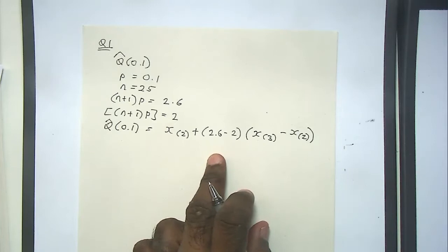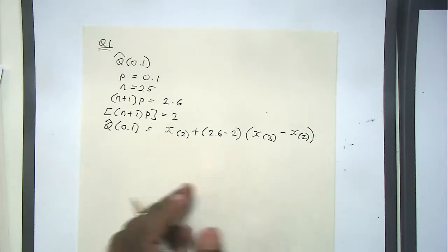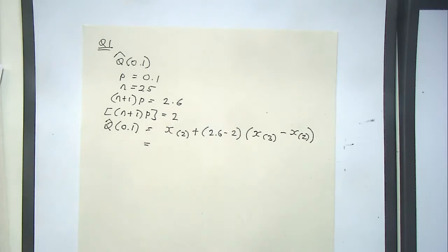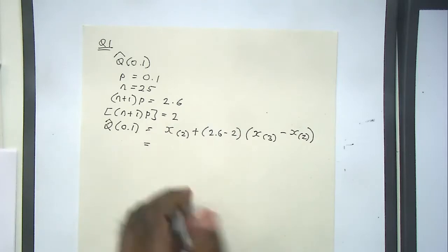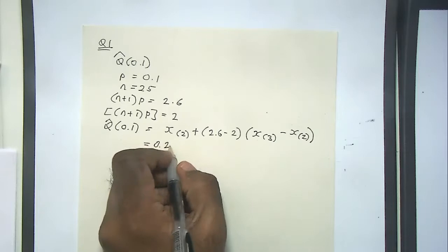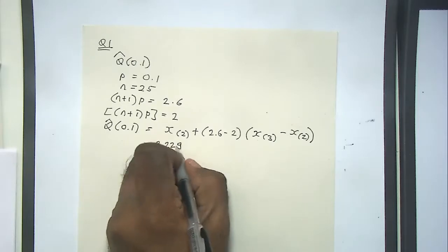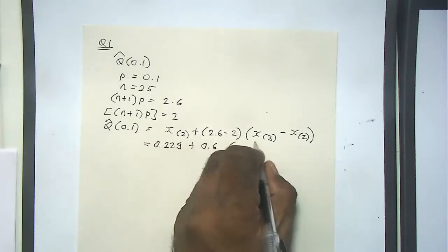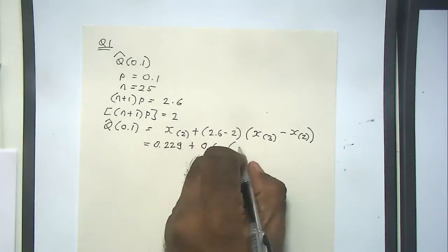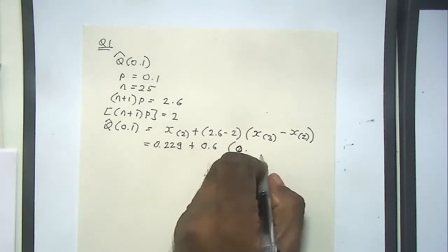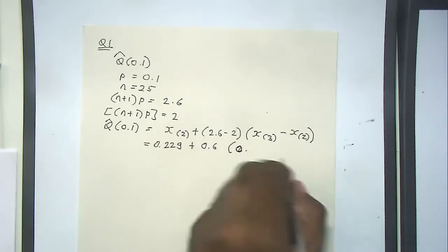The second smallest data point is 0.229, 2.6 minus 2 is 0.6, and the third smallest data point is 0.639.